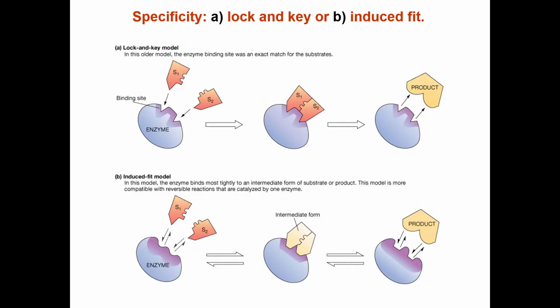It's a reversible reaction in which the reactant can be used by the enzyme to form the product, and also the product can be converted back to the reactant by the same enzyme. So this model is compatible with such a reaction, where the enzyme and the substrate form the intermediate, which is the enzyme-substrate-product complex, and then you have your product and the enzyme back. Then that same product can bind to the enzyme to form the intermediate and, as well, the reactant and the enzyme.